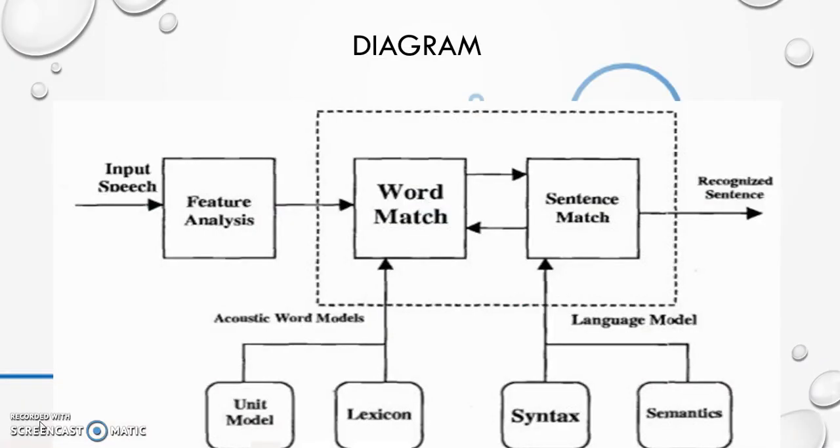So here's the diagram showing how it works. We speak something and it goes through feature analysis. It goes through the word match and sentence match, as I spoke about earlier. The acoustic word models and the language model all contain a unit model and lexicon, and the language model on the other side contains syntax and semantics.